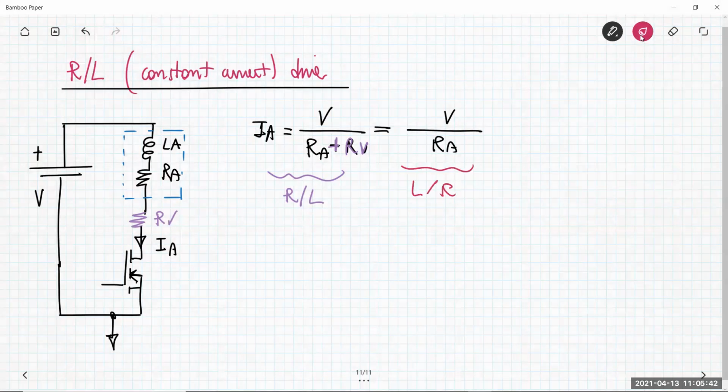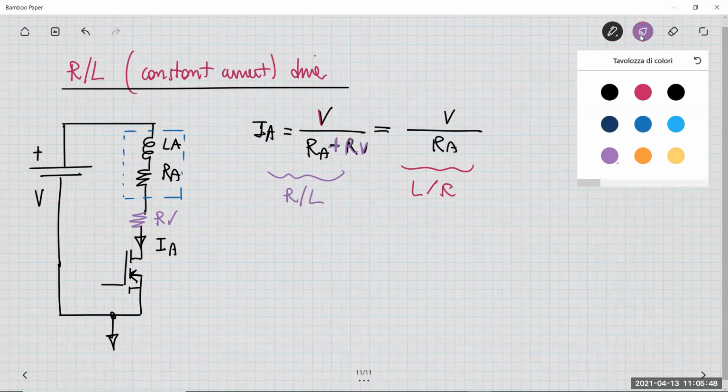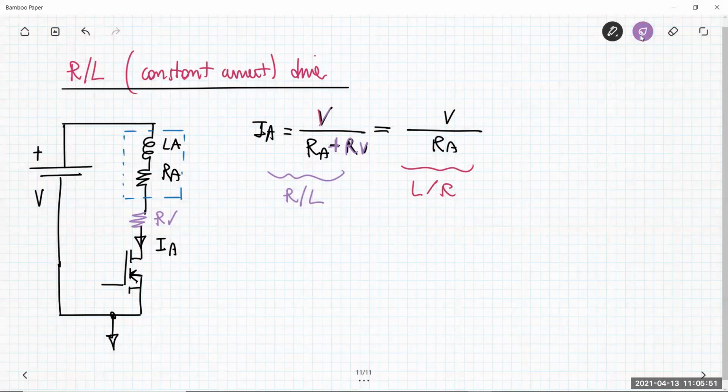Of course, in order to have the same current, the voltage V that you can have here is not the same voltage V you have in the L over R driver. It is something that we can call V prime, in which V prime is larger than V.